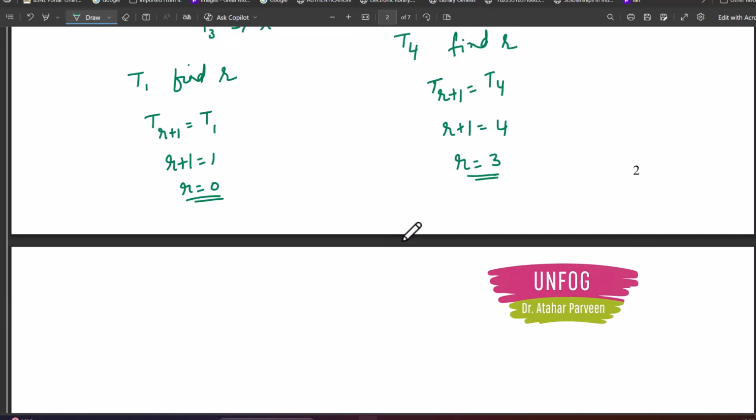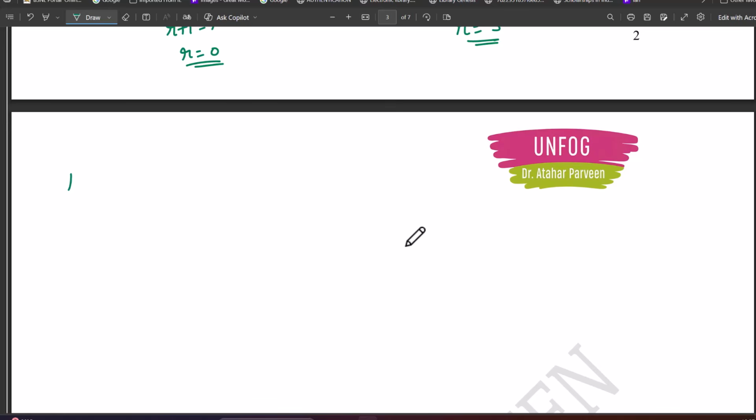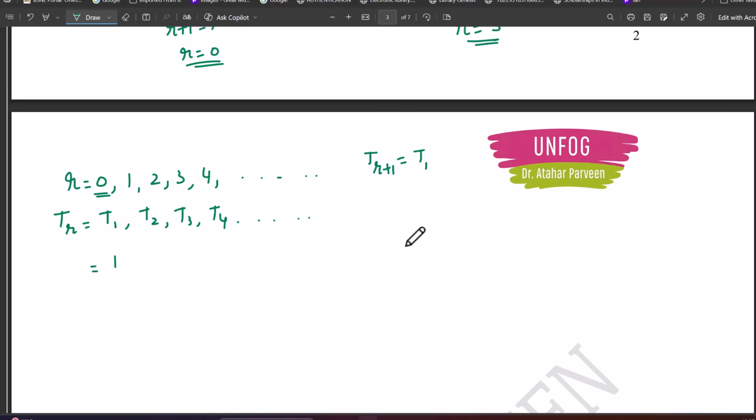So the moral of the story is, your r starts from 0, 1, 2, 3, 4 and so on, whereas your term number will be T1, T2, T3, T4 and so on. If r is 0, it is T1. Why? Because T(r+1) is equal to T1, so r + 1 is equal to 1 and r is equal to 0, right?